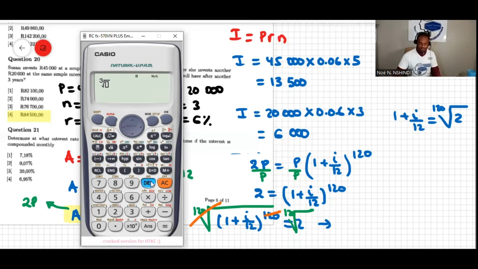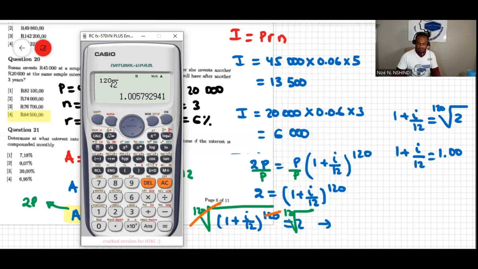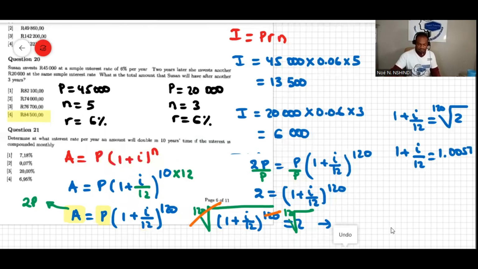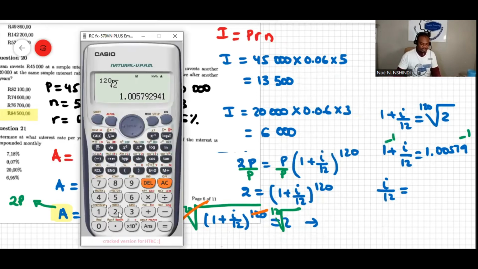Let's write 120 there, and then the 120th root of 2 equals 1.005796983. So 1 plus i over 12 equals this amount. Now, to get i over 12, I must subtract 1 from both sides. If I subtract 1, the answer will be this.